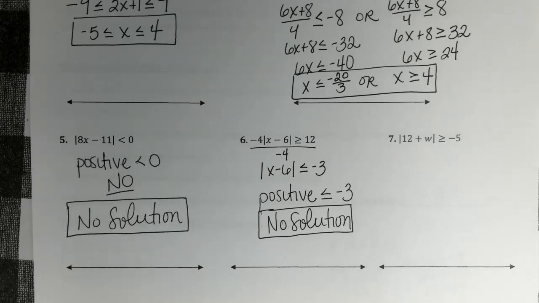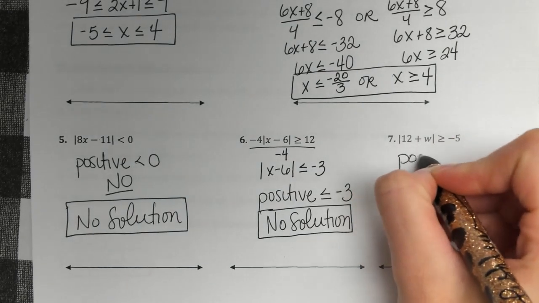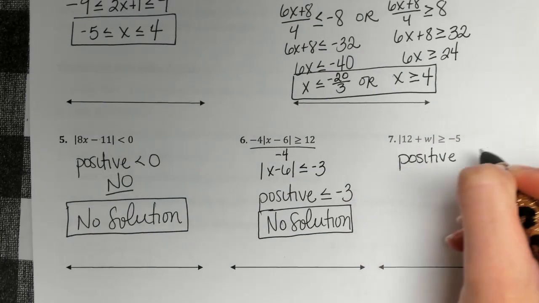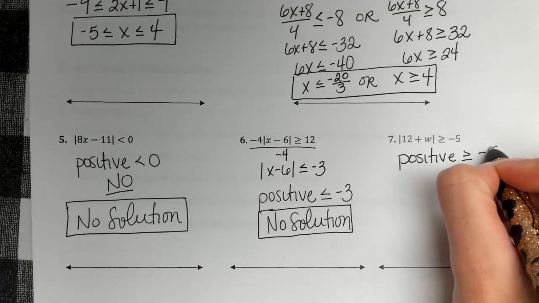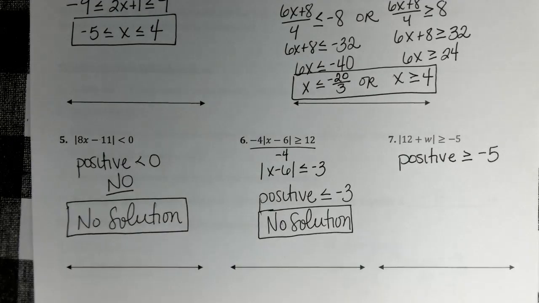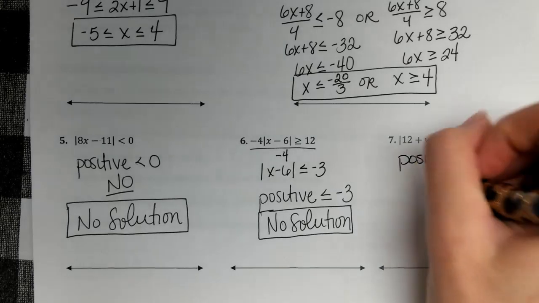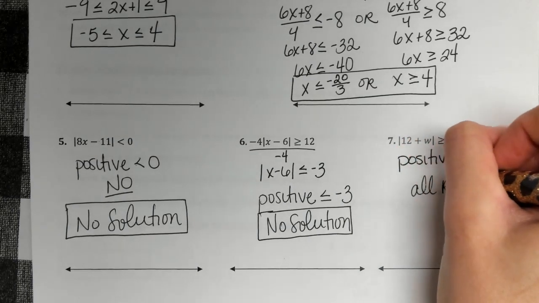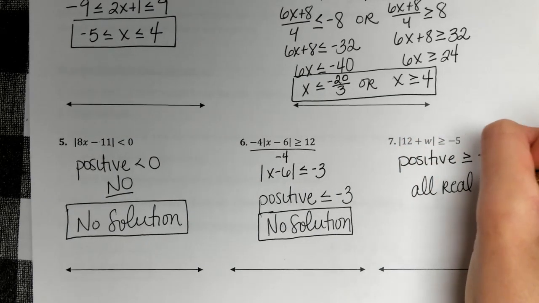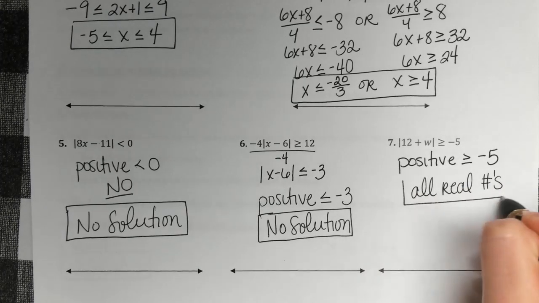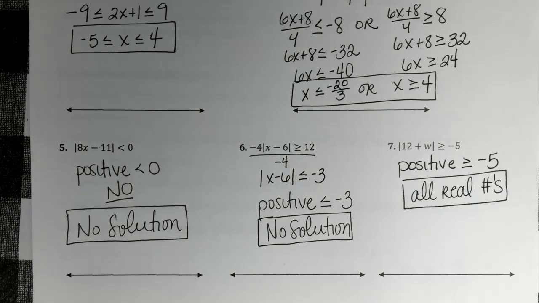Raise your hand if you're trying to do no solution. No. Okay, we have a positive value. Yes? Can a positive value be greater than a negative? Yes. So this would be all real numbers. Because that would always be true. A positive is always, always, always going to be greater than a negative.